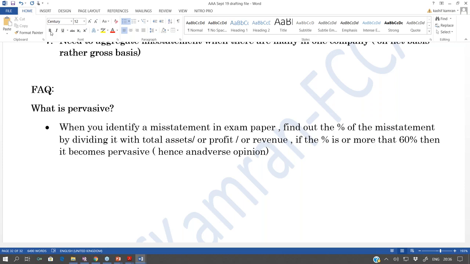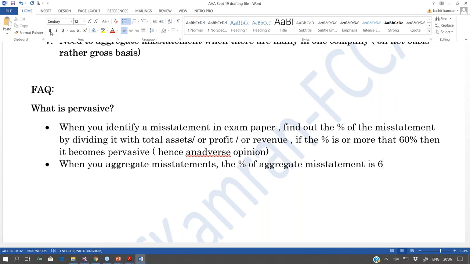Second, when you aggregate misstatements and the percentage of aggregate misstatements is 60% or more, it becomes pervasive and hence an adverse opinion.